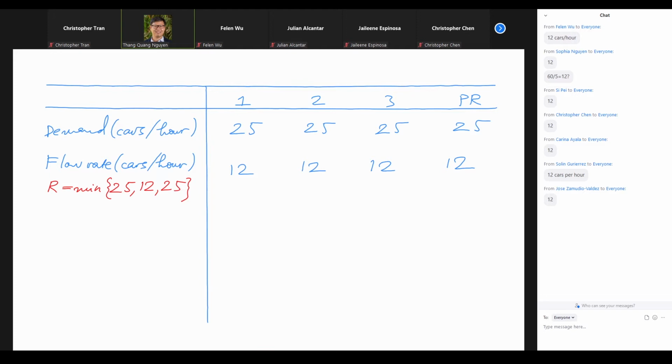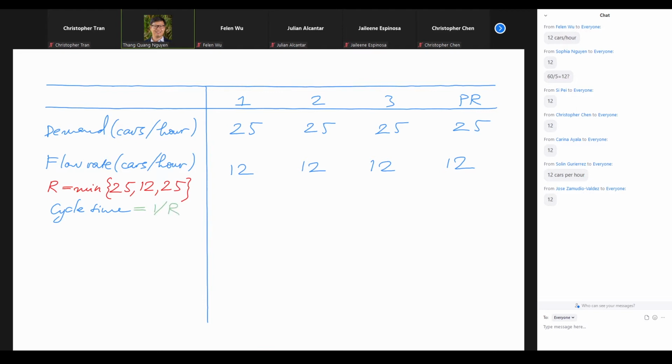The next step, we would calculate a very important number. It is the cycle time. How to calculate the cycle time? I would like to remind everybody that the cycle time is calculated as 1 divided by the flow rate, right?